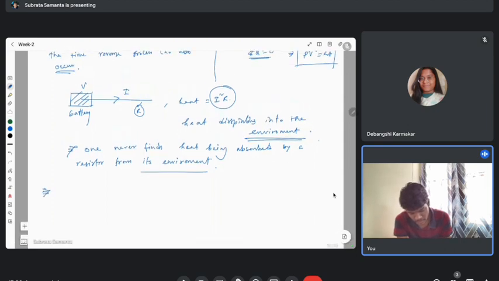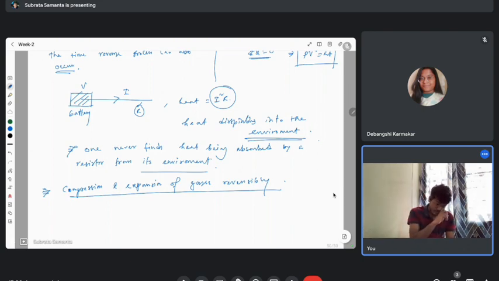Let's say isothermal compression and expansion of gases reversibly. What does this mean?